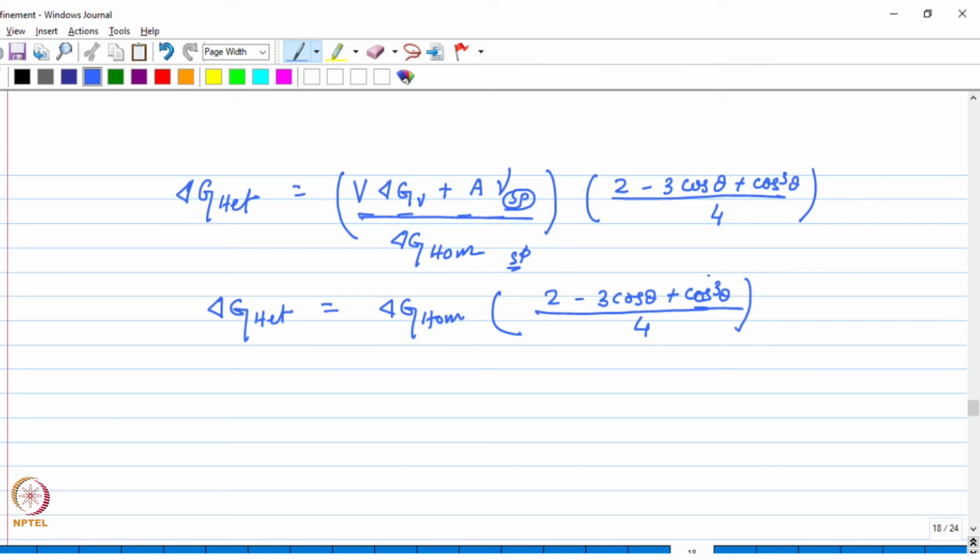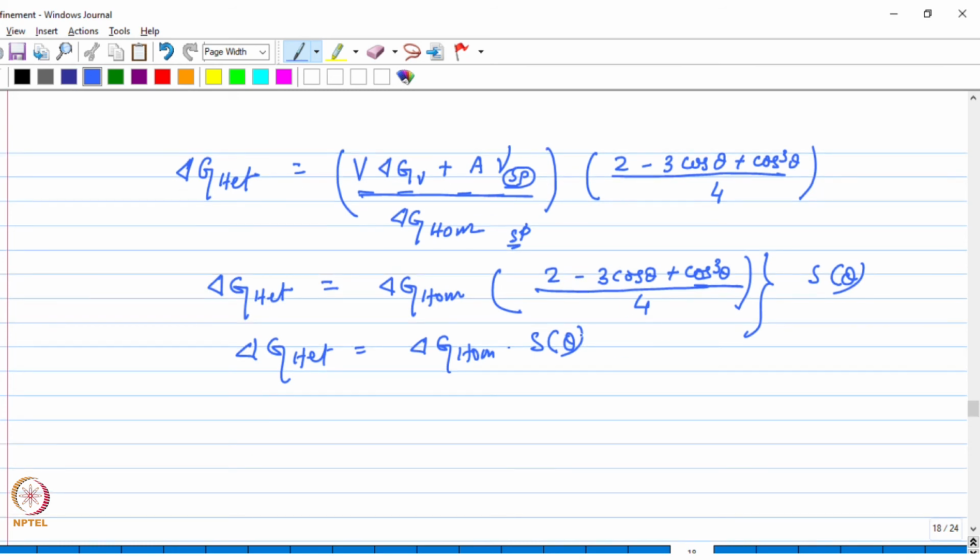So this one we can call as S theta, and therefore delta G heterogeneous becomes equal to delta G homogeneous into S theta, right?